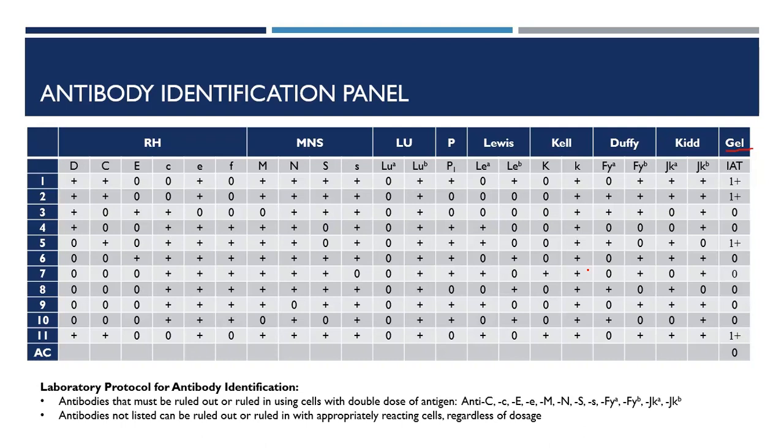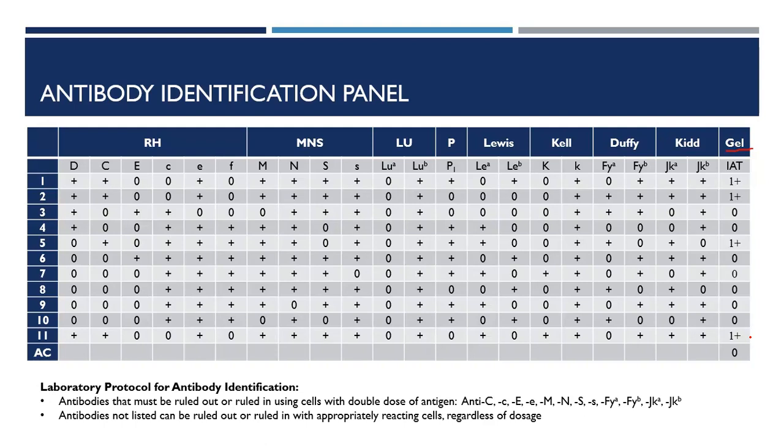So the next thing that we do is we're looking at the reaction strength, and we have multiple cells. We have 4 cells that are reacting at 1+. So our earlier hypothesis that we were dealing with a single alloantibody specificity is carried through to the panel because our pattern of reactivity shows the same reaction strength on all of the cells that are reacting.